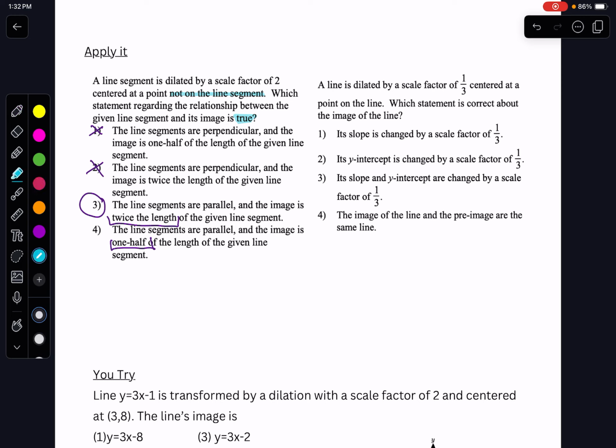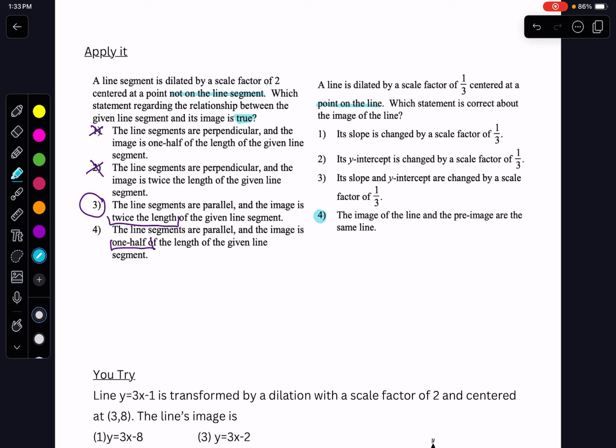For the next one, a line is dilated by a scale factor of 1/3 centered at a point on the line. Which statement is correct about the image of the line? So if the center is a point on the line, nothing changes. The image of the line and the pre-image are the same image.